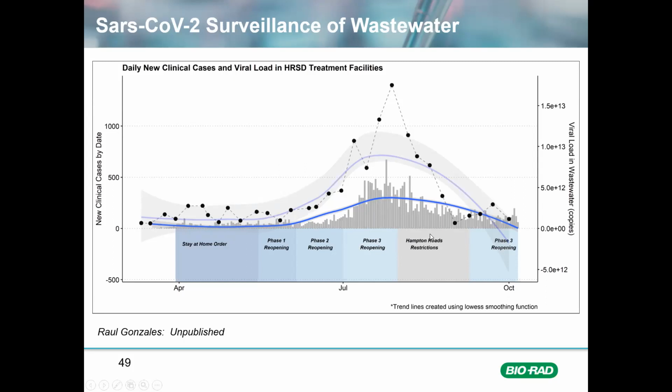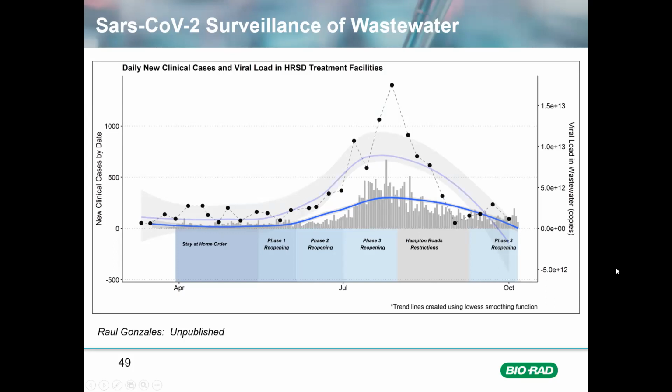These are your classical restrictions that you think of, including limiting restaurant capacity to 50%, no large gatherings of more than 50 people, et cetera. That resulted in a decrease in case counts, as well as a dramatic drop in the amount of virus in the sewer shed.